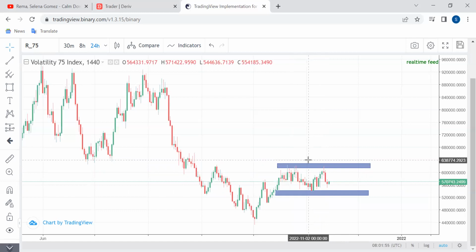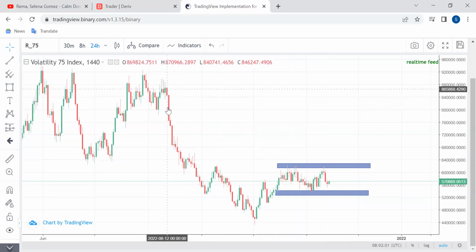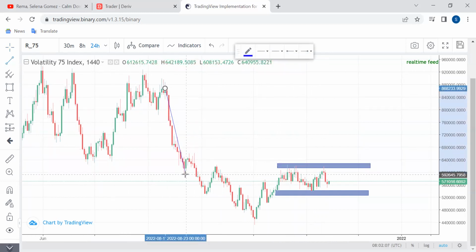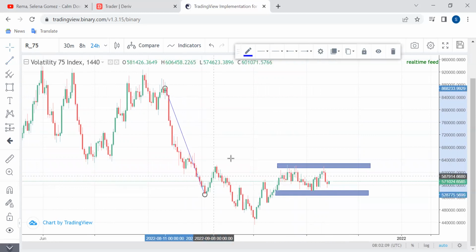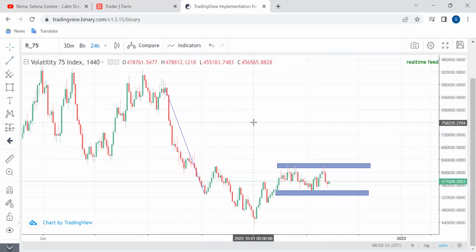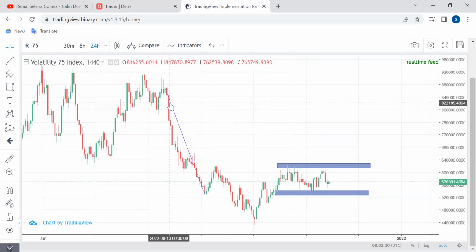So before that impulsive move, what we call an impulsive move is like what happened here. So this is what we call an impulsive move. An impulsive move meaning there was a sudden move to either side of the market. Now, for example, here, there was a sudden bearish movement.